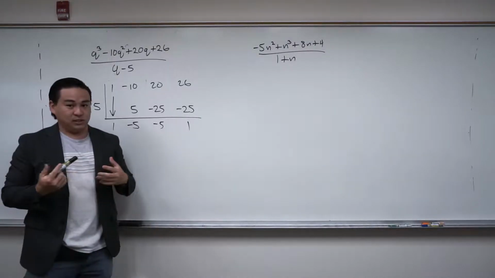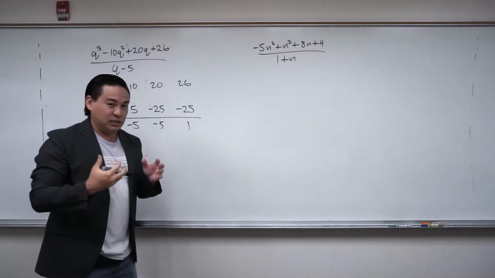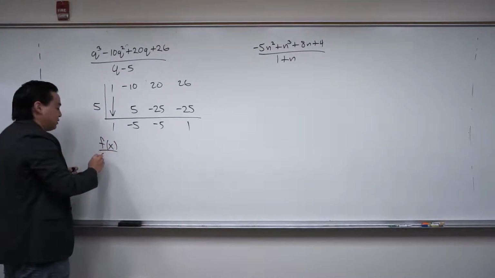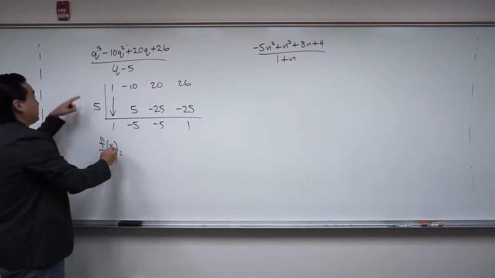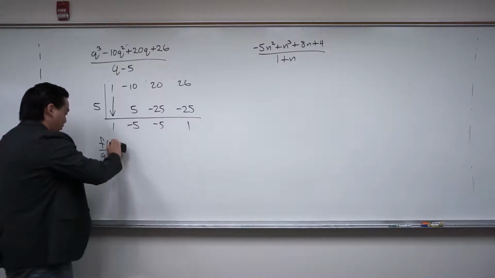There's a couple of ways to write out the solution. The way that I do it makes it so that you don't have to think very much. So we still write f of x over g of x. In this case, sorry, this is f of q over g of q.